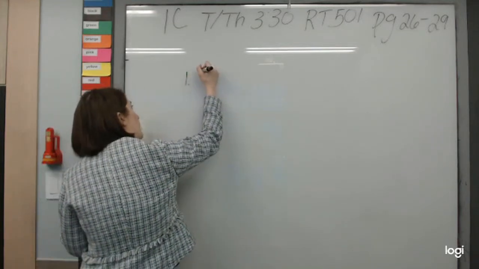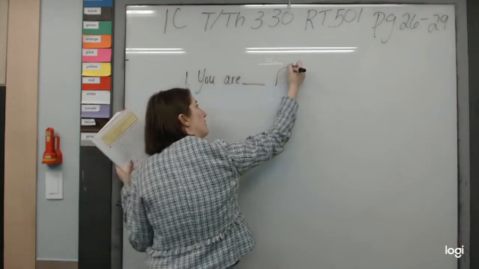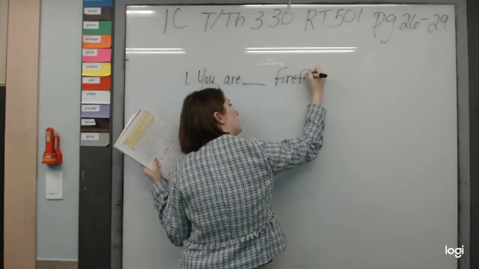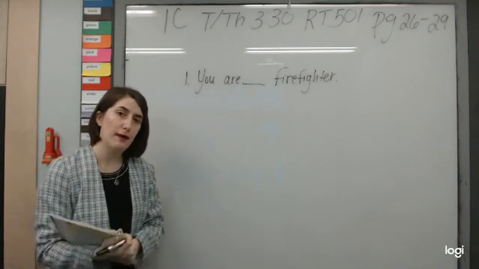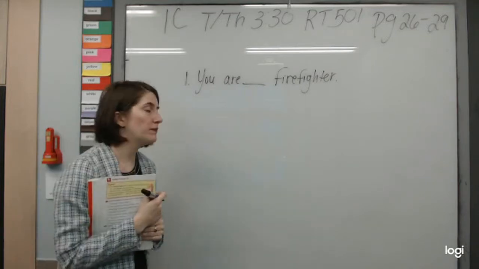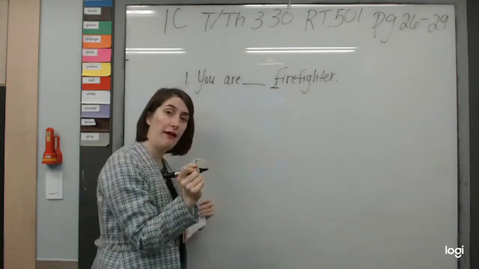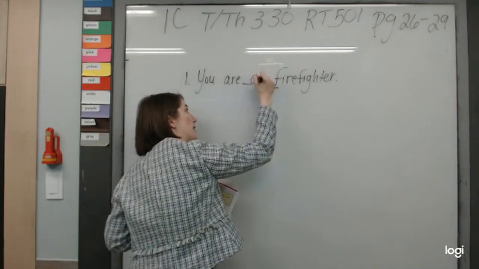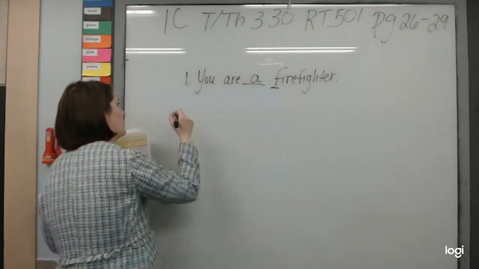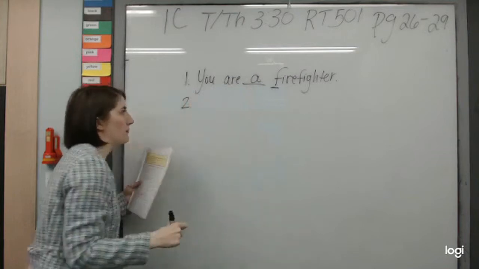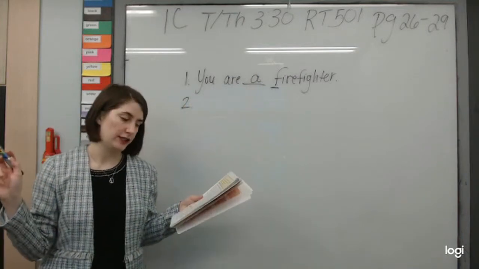So, number 1, it says, you are firefighter. Do you guys remember the rule of a and an? So, because firefighter begins with F, we would use a. Okay? Now, number 2. You are doctors.